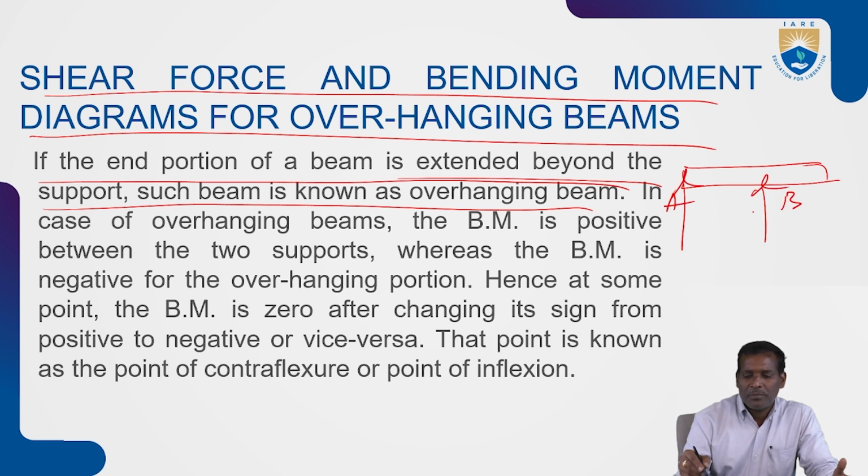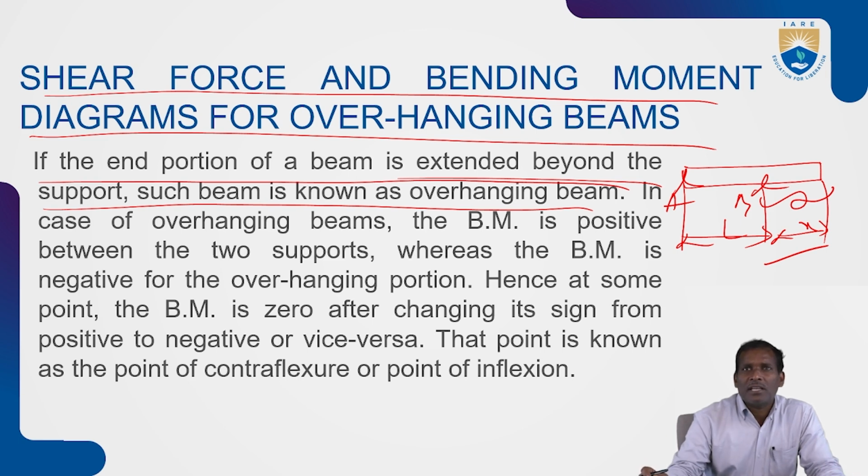Suppose A and B are the supports, with reaction forces. The end portion is extended beyond this support. These types of beams are called overhanging. So some portion is overhanging. This is L, and the overhanging length we take as X.